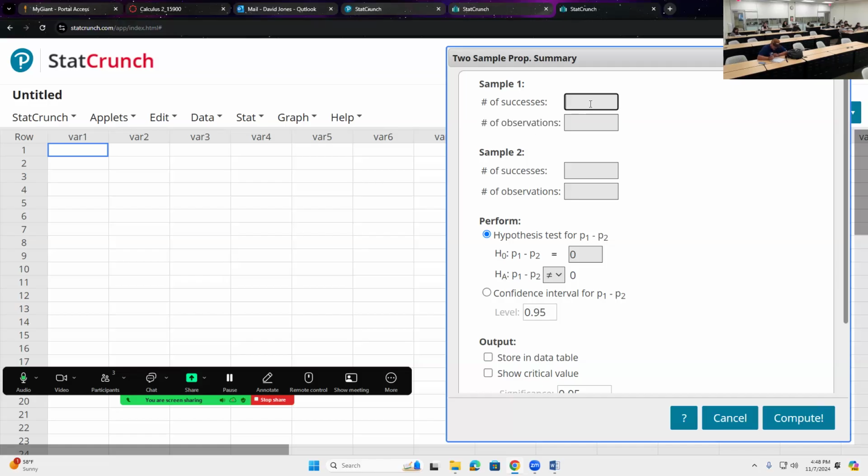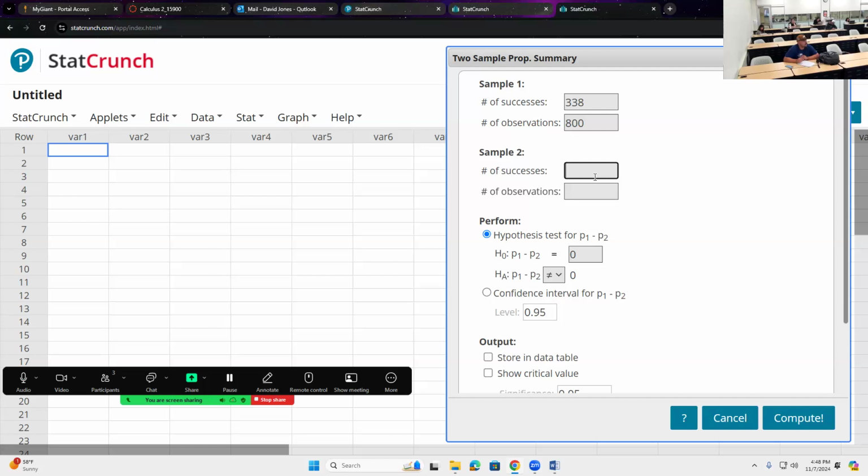For sample one, the number of successes is X1, which was 338, and the number of observations is your sample size. The other group, we had 292 and 750.